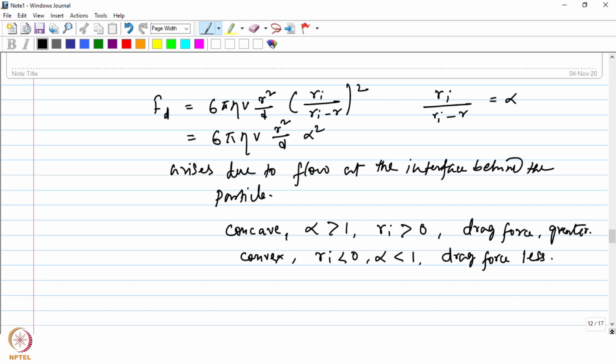Now the third one is the force due to interfacial energy, Fi. It arises mainly due to the difference between the solid particle interfacial energy and the solid liquid interfacial energies.